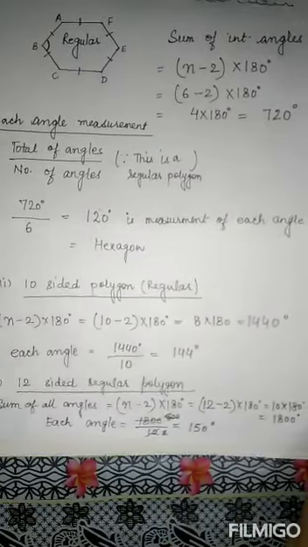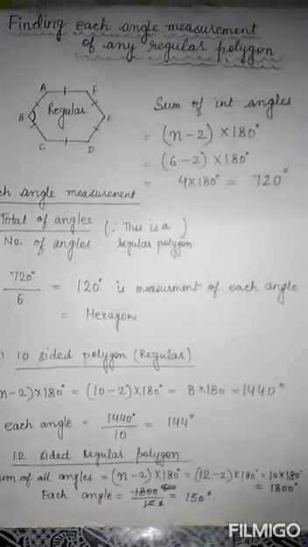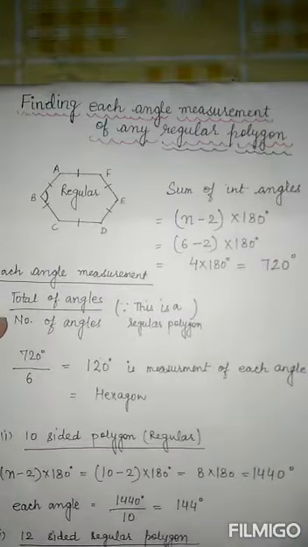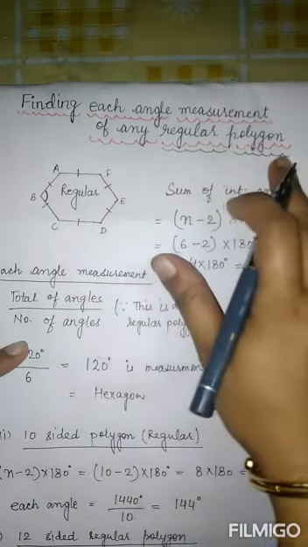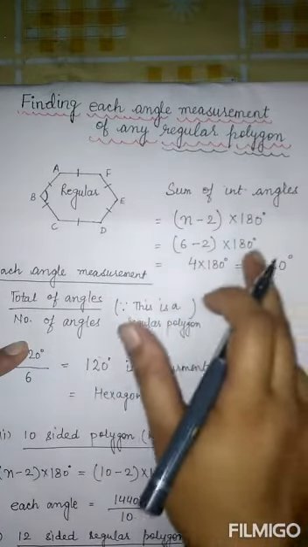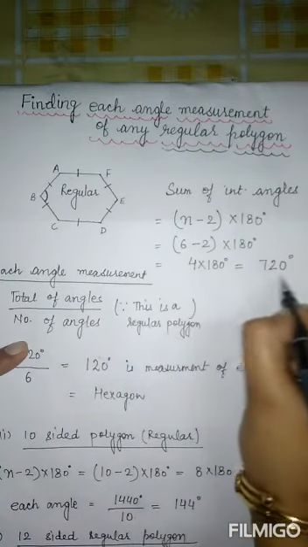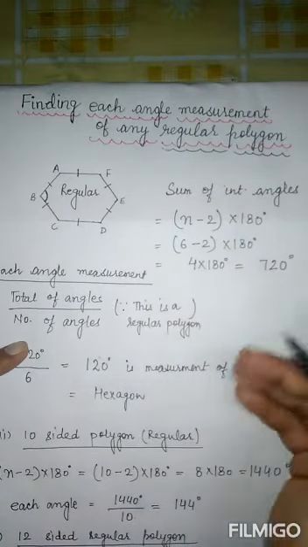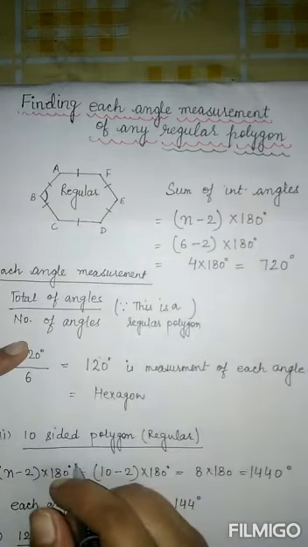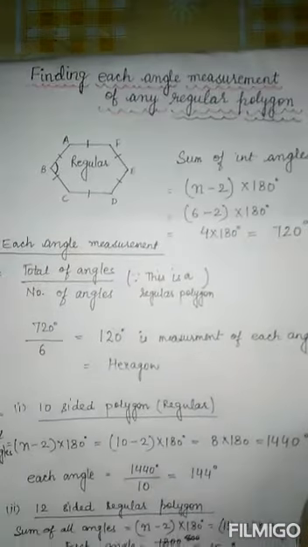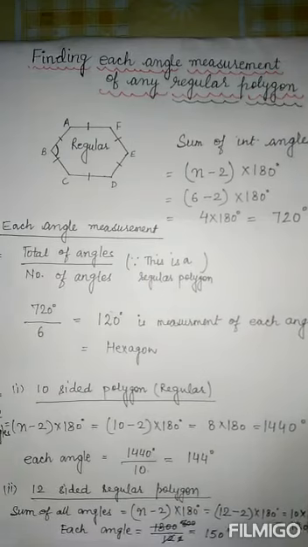This is all. Whenever we have to find each angle of a regular polygon, first we have to find the total sum of interior angles, then just divide this total sum by the number of angles. Hope you understood well. Thank you so much for this video.